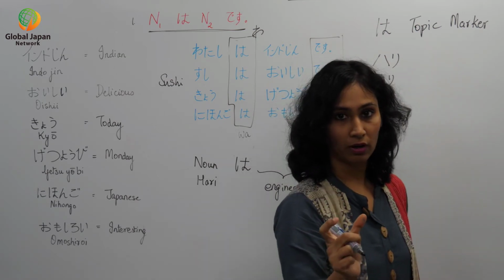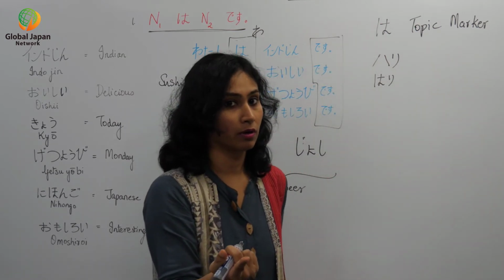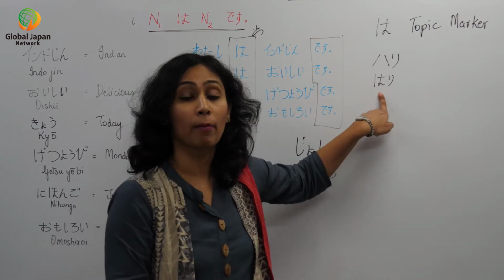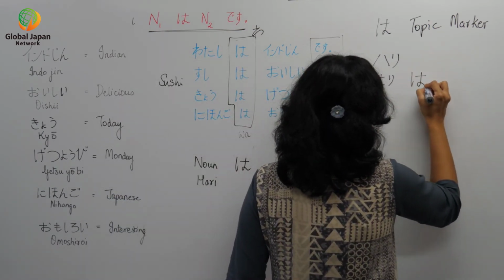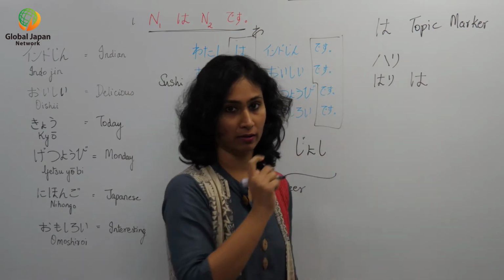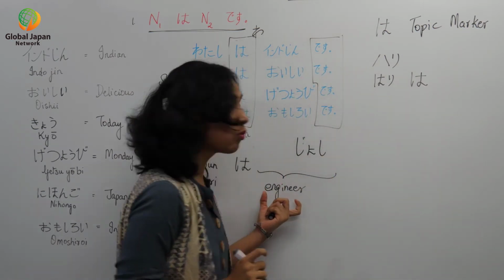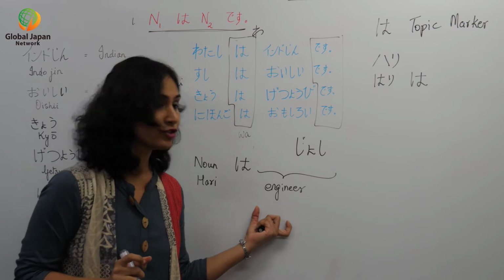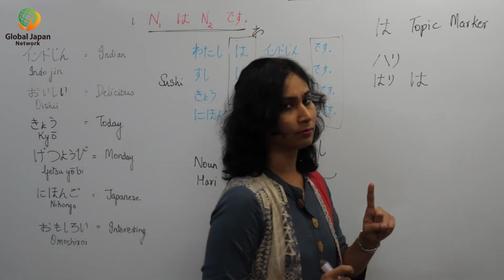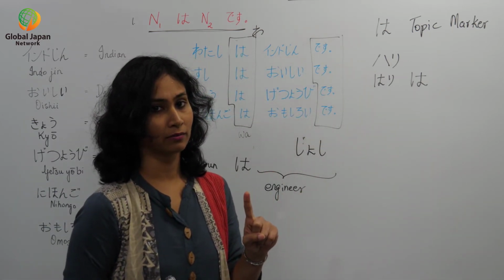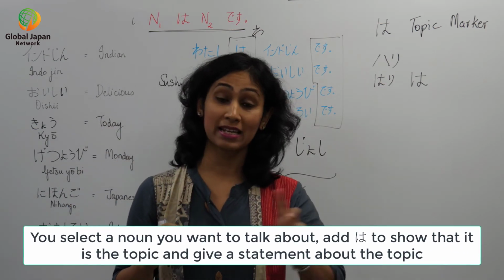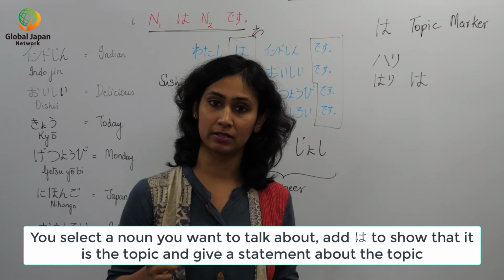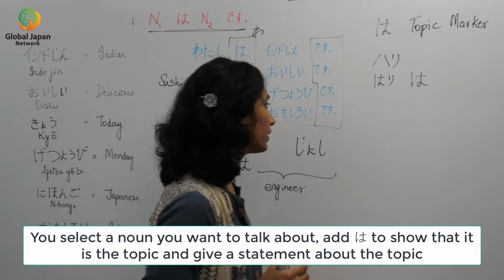I've selected a noun. I want to speak about the noun. To make this the topic, what should I add after this? Wa. Hari wa. And what is the information I'm giving? He's an engineer. Engineer, which script should I write it in? Katakana. Because it is not a Japanese word. It's an English word which is going to be written in Japanese. So it should be written in katakana.